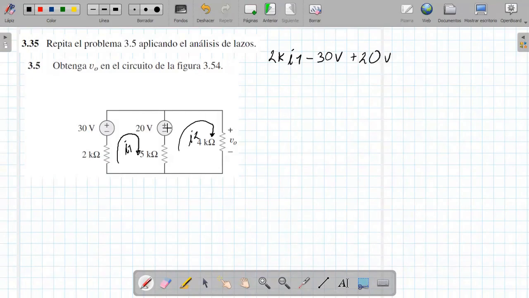Look over here. Plus 20 volts. As it is a KVL, it is the voltage here, the voltage here, the voltage here and the voltage here. Plus, since we are doing mesh analysis 1, we can say that current 1 is greater than current 2. Then it would be 5K, which multiplies the current I1 minus the current I2, equals 0.